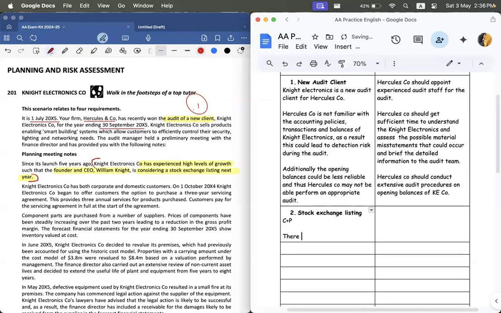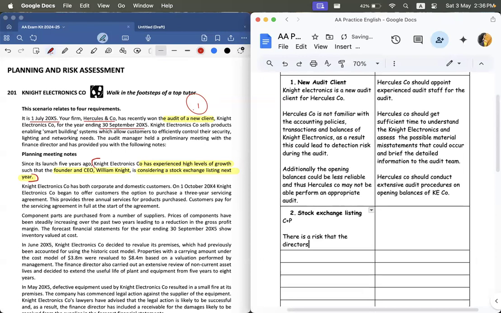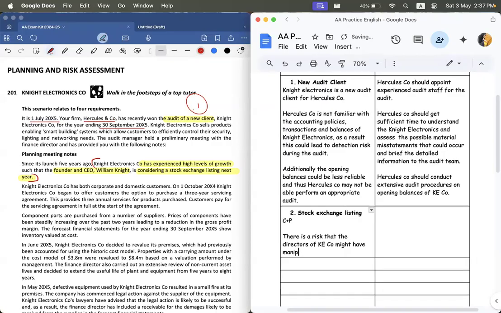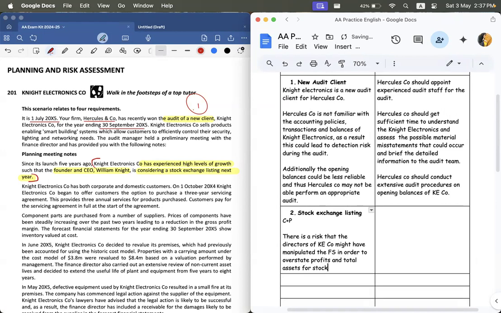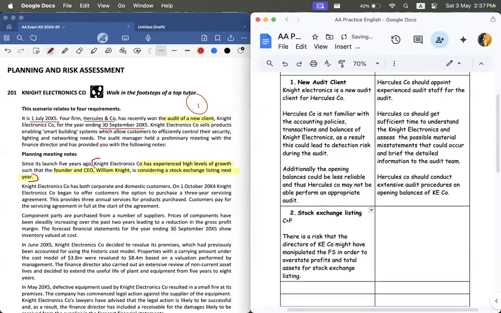So there is a risk that the directors who manage the FS, the directors of Night Electronics company, may have manipulated the FS in order to overstate profits and total assets for stock exchange listing. So that is our point.